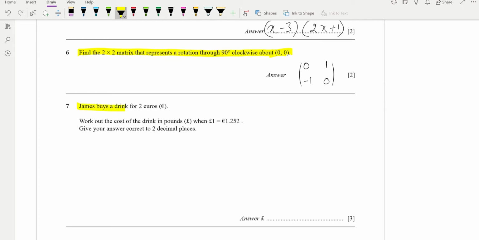Then James buys a drink for €2. Work out the cost of the drink in pounds, and the conversion rate is also provided. Give your answer correct to two decimal places.